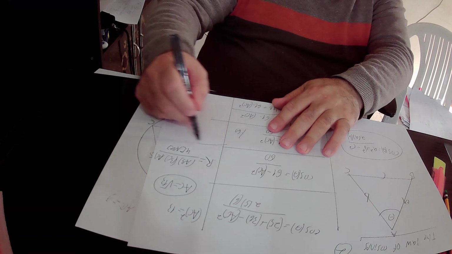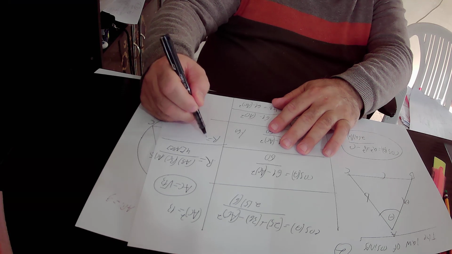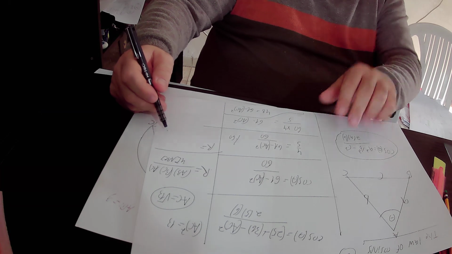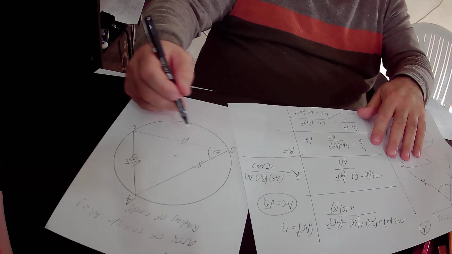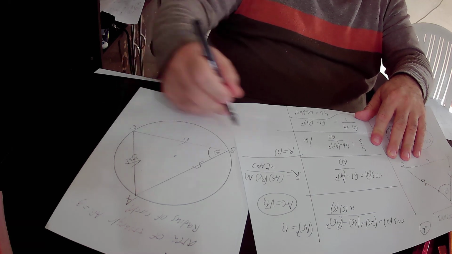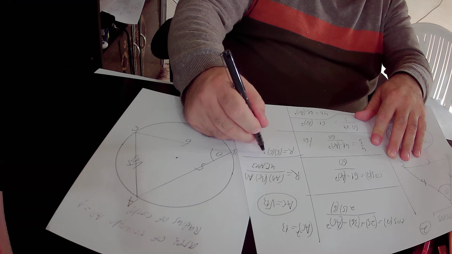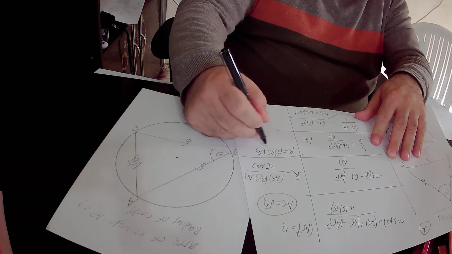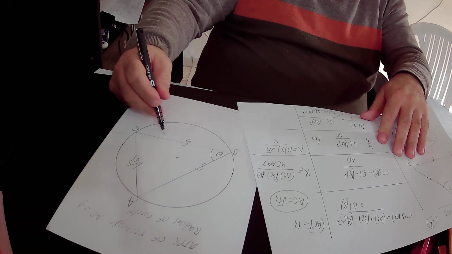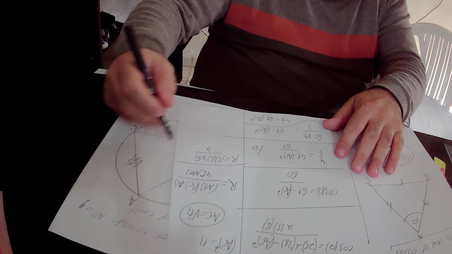So here, according to this formula, we get that the radius of the circle that circumscribes triangle ABC equals AB is 5 times BC is 6 times AC is square root of 13 over 4 times the area of triangle ABC equals 9 units, according to what is given in the question.